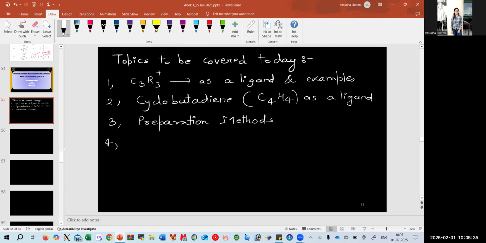Followed by that, we will talk about the structure and bonding in C4H4 transition metal complexes.